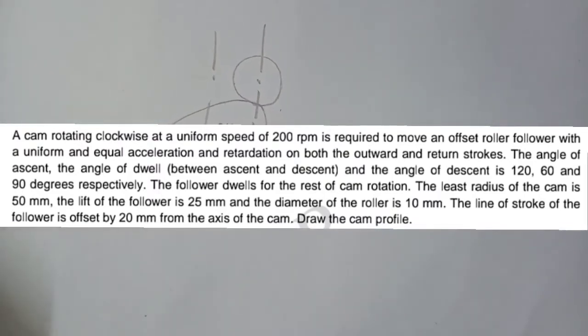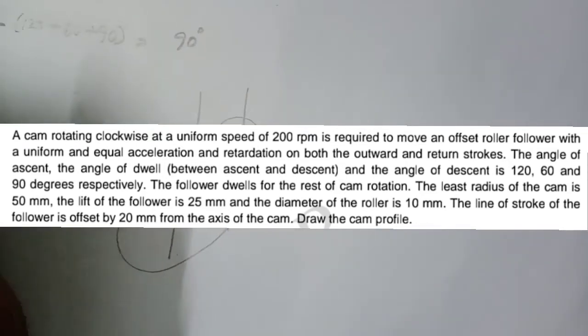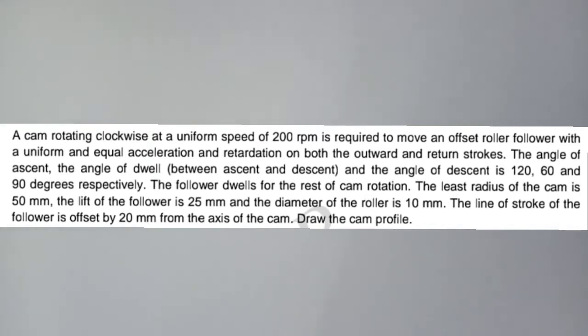problem for this. I will read the question. A cam rotating clockwise at a uniform speed of 200 rpm is required to move an offset roller follower with uniform and equal acceleration and retardation on both the outward and return strokes. The angle of ascent, the angle of dwell and the angle of descent are 120, 60 and 90 degrees respectively.